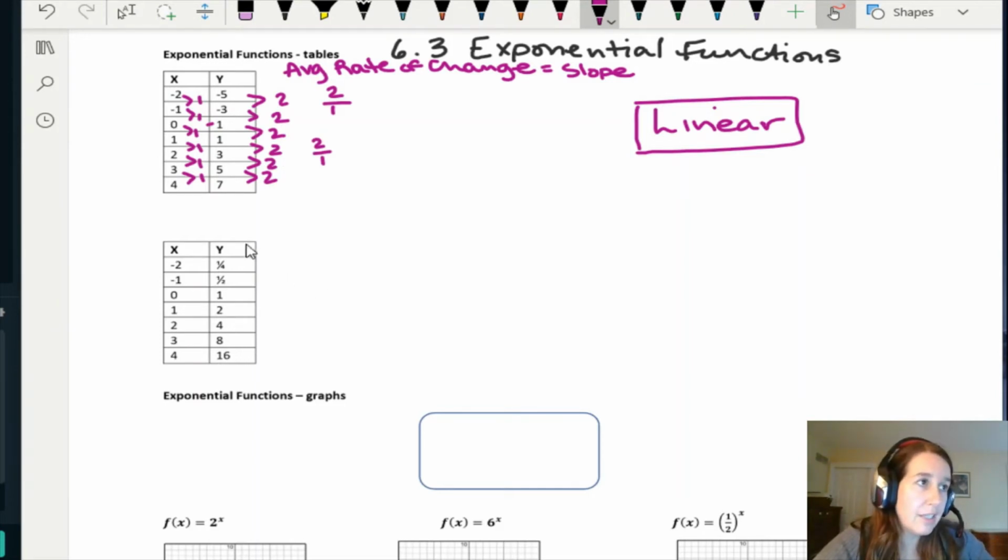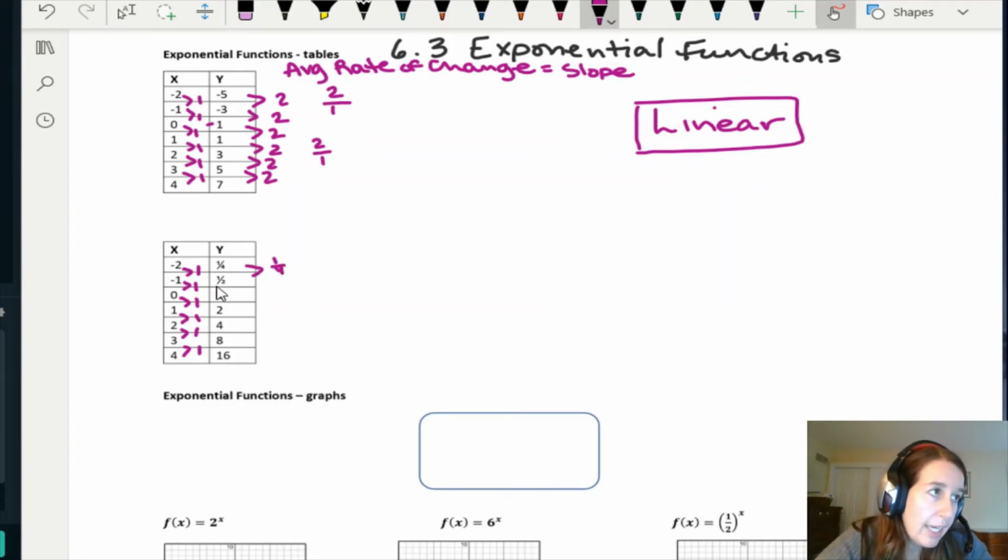So in the second table, let's do the same thing. Let's compare and see what that slope or average rate of change is. From -2 to -1, in the x's, we're still going up by 1, and that's true throughout the table, which is nice, because then we can just examine what the y's are doing. So I'm seeing 1/4 to 1/2, so that's an increase in the y's of 1/4.